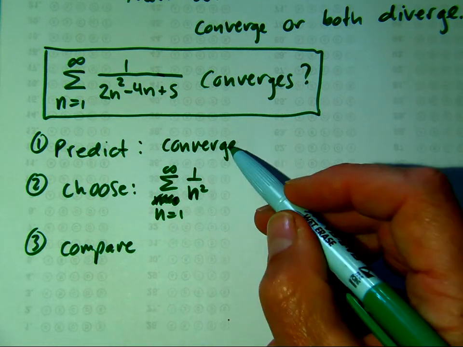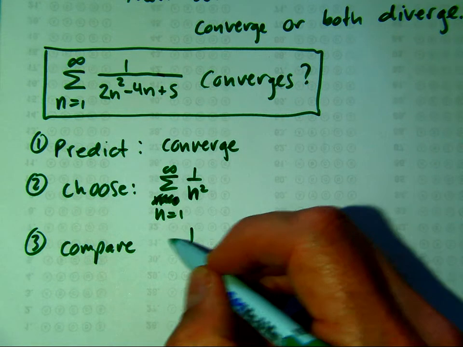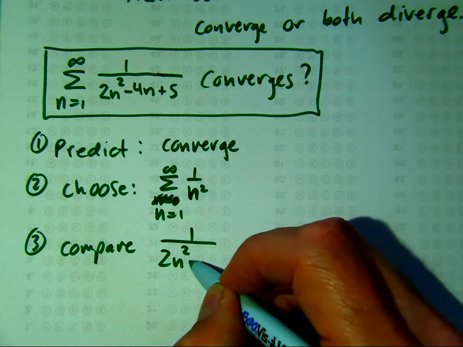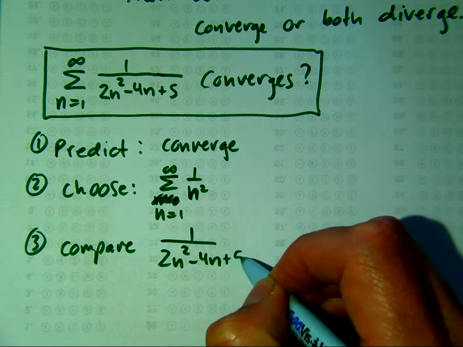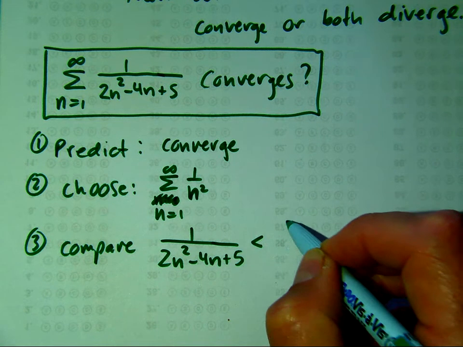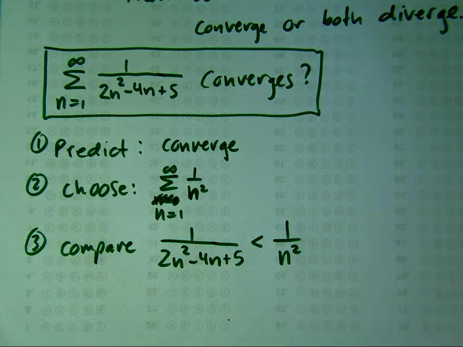If we think this converges, then we have to show that this is less than the series that converges.